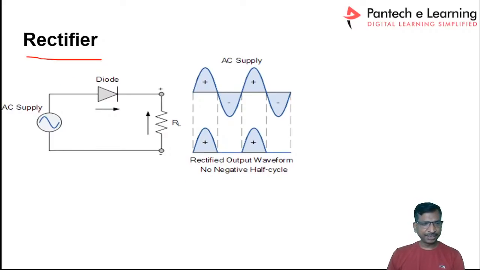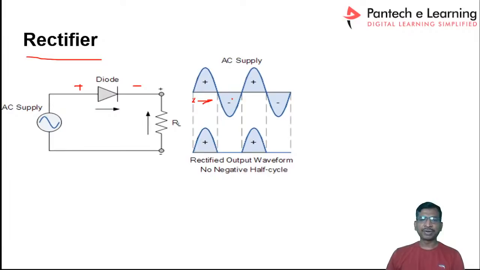In the AC rectifier, see here, we are applying the input AC voltage, and this is a diode. A diode is a two-terminal device. As I already mentioned, a diode is just a solid state device. Whenever it is forward biased, it will conduct. If it is reverse biased, it will not conduct. During the positive cycle, the diode will be forward biased, so it conducts, and we get the output voltage on the positive side alone.